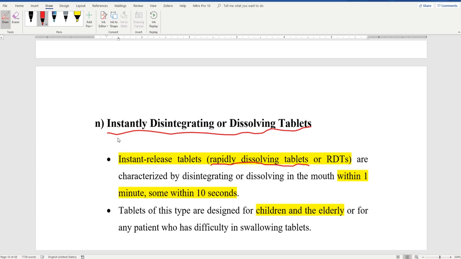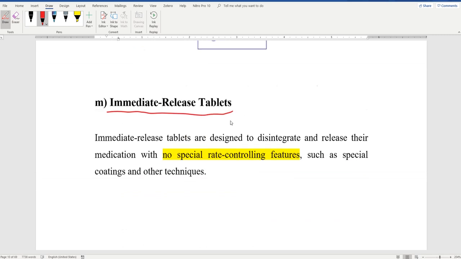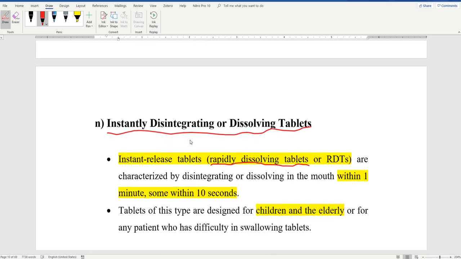Number two, the instantly disintegrating or dissolving tablets are orodispersible tablets. That means you do not swallow them intact like the immediate release tablets. No. You put them on your tongue and they will disintegrate and dissolve while on the tongue. They absorb the saliva and they dissolve very quickly. That's why they are referred to as orodispersible tablets.